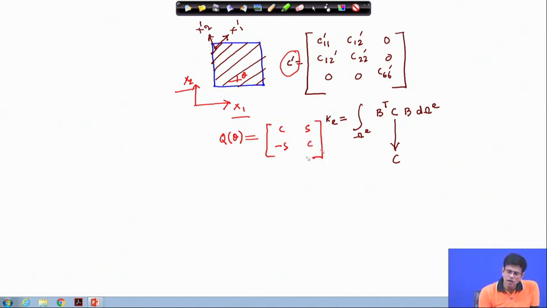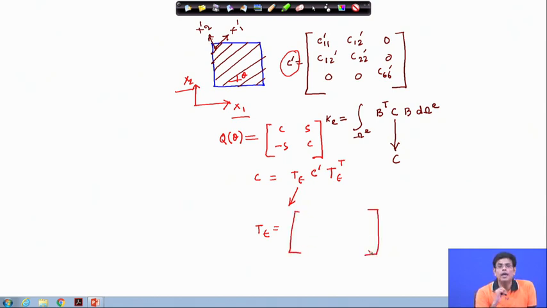Now we need to transform this C. So C will be T epsilon, then C prime, and then T epsilon transpose. T epsilon we will find from the formula that we have derived earlier for the 2D case. We know these vectors very easily, L1 square, M1 square and so on, which we have derived here.